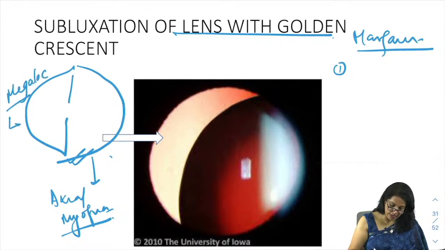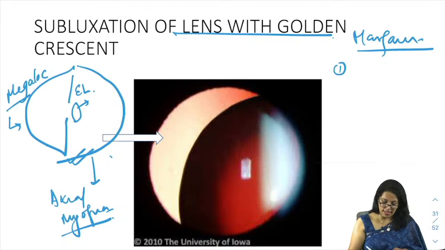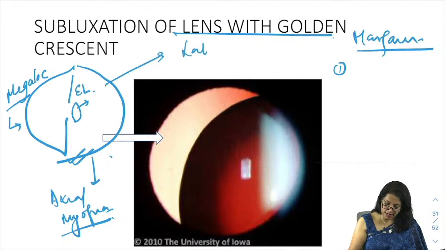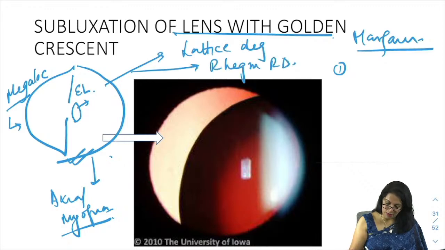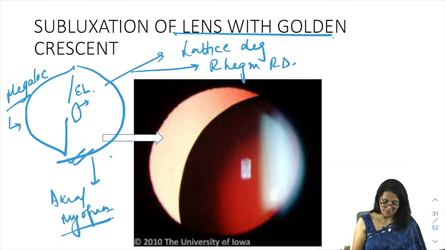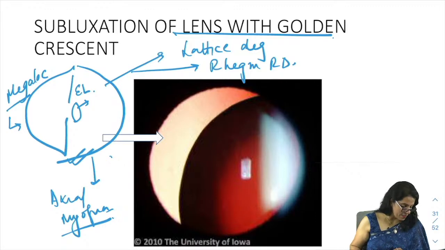Then of course superotemporal ectopia lentis. And when there is more axial length, if you remember your retina chapter, you will get lattice degeneration and you may also get rhegmatogenous retinal detachment. So these can be some features of Marfan. So if you make the diagram, it becomes so easy to learn. Axial myopia, megalocornea, right? Ectopia lentis, lattice degeneration and rhegmatogenous RD.